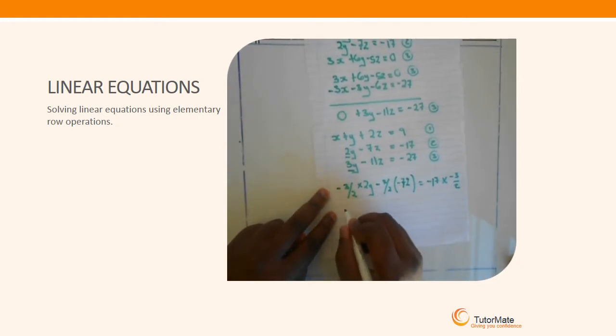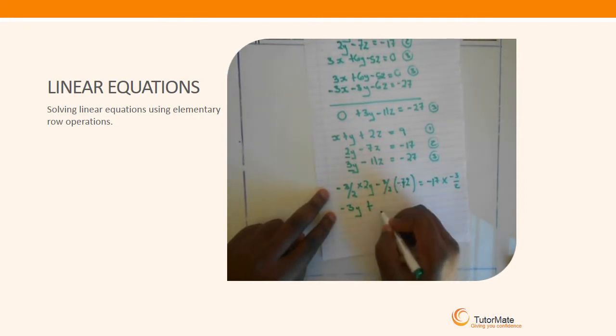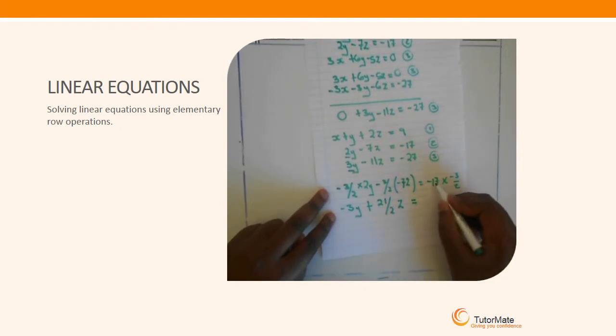Therefore you get minus 3y plus, because minus times minus is plus, 3 times 7, 21 over 2z is equals to 17 times 3 over 2. 17 times 3 is 51.